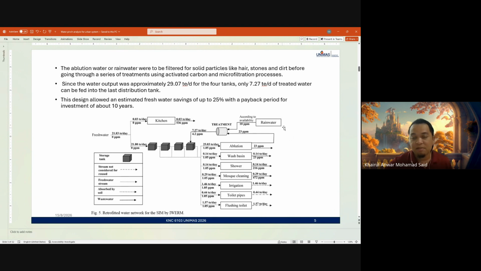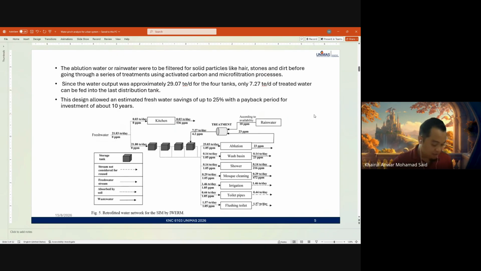They also redirect the rainwater to be treated using the same system, and this water they recycle back to the tank, around 7.27 ton per day at purity 4.2 ppm. This is just retrofitting. They haven't done the water cascade analysis yet.